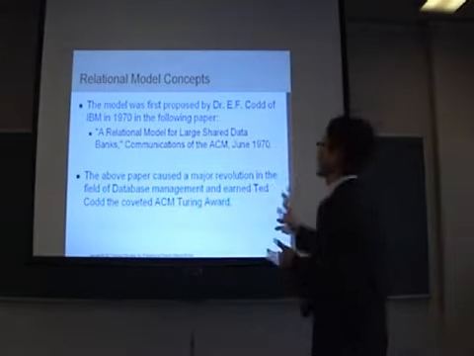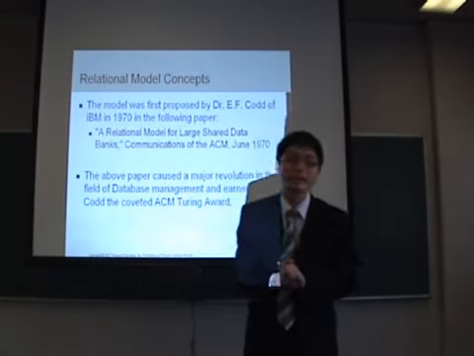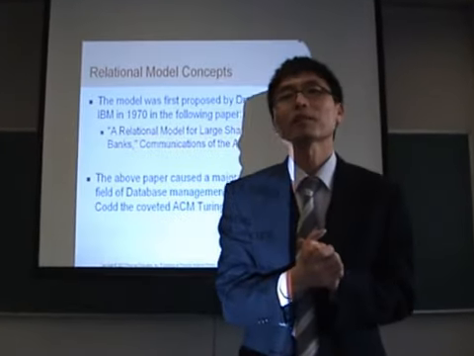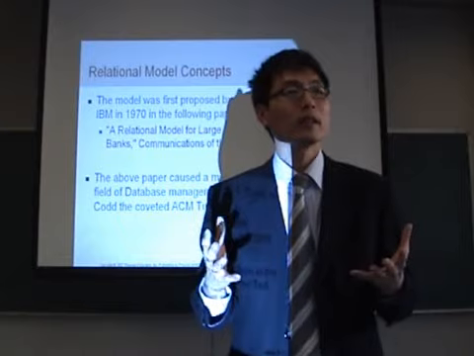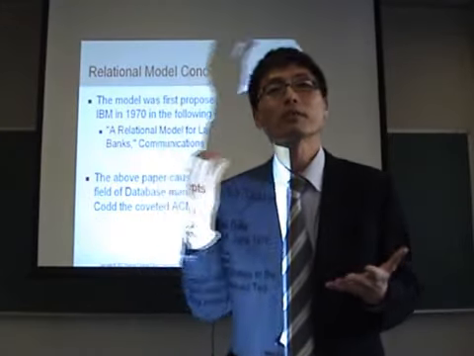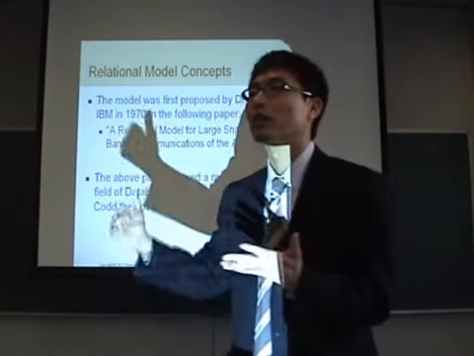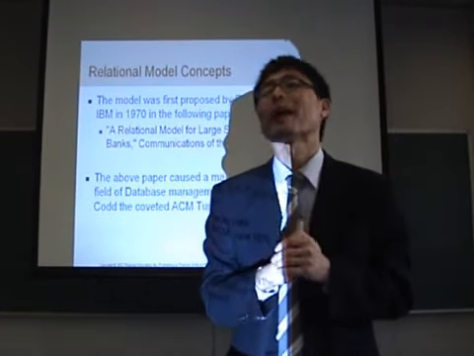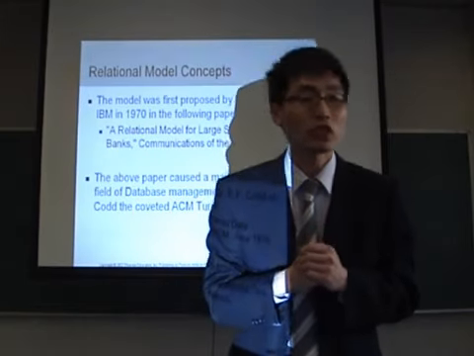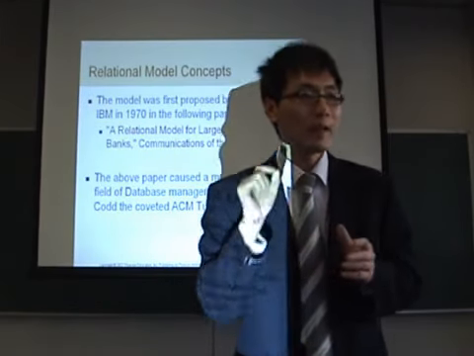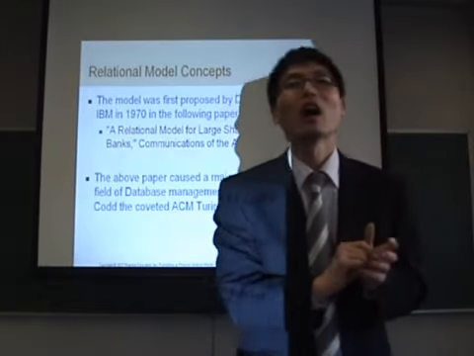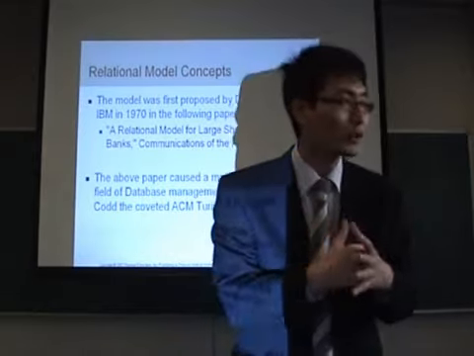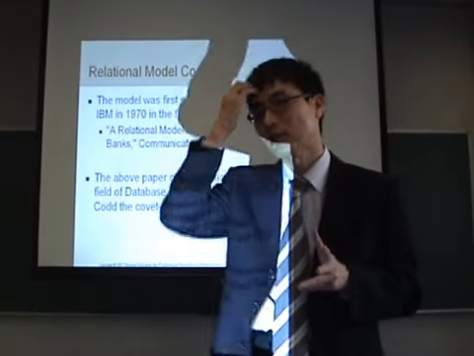Anyway, right after that, in 1970, one of the researchers at the IBM T.J. Watson Center proposed a new concept, a new design. Until that time, there was only the hierarchical model or the network model. The hierarchical model is still very popular in bank and financial systems, because it's very easy to access the data, but it's very hard to represent a complicated relationship.